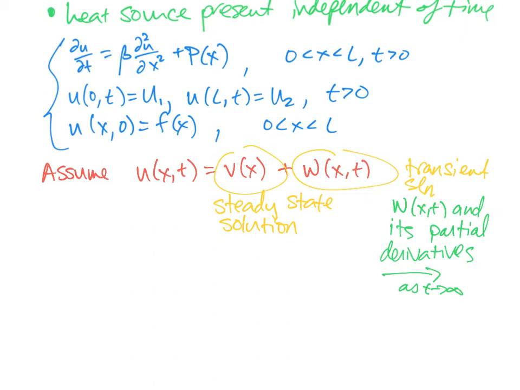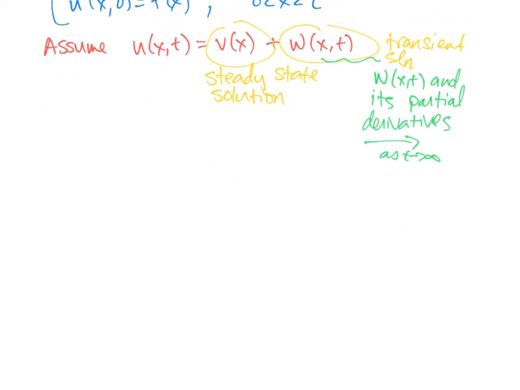And stuff that's happening earlier on in time is going to happen, but then all of that transient stuff will die off as time goes on, and you'll be set in a steady state that doesn't vary with respect to time. So now let's plug this in.